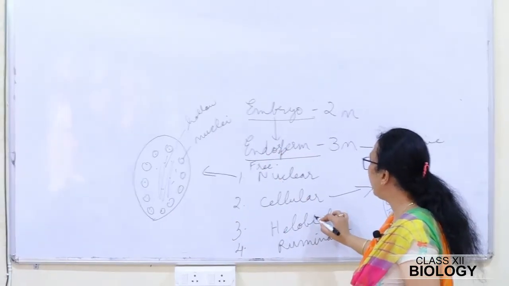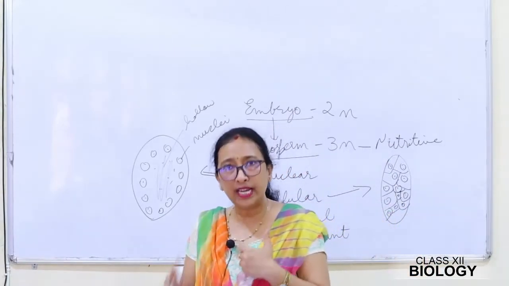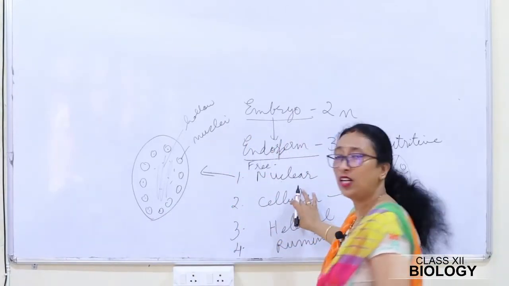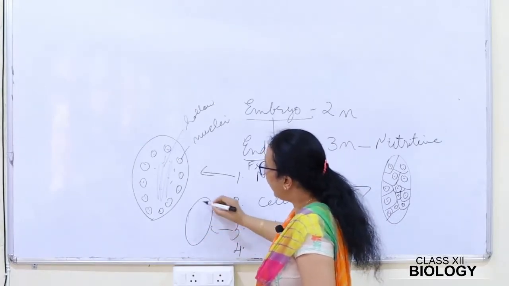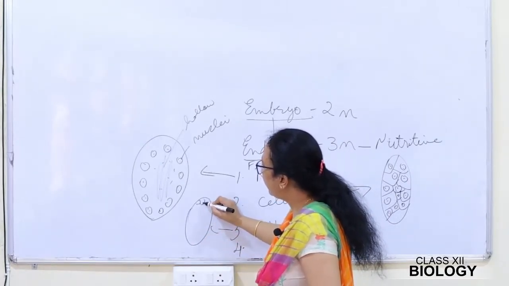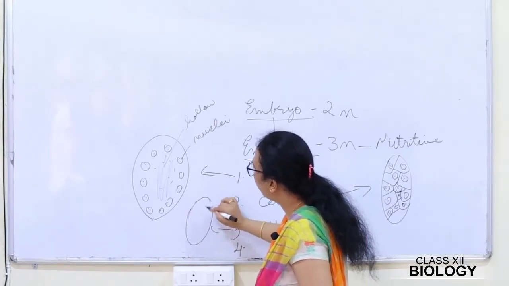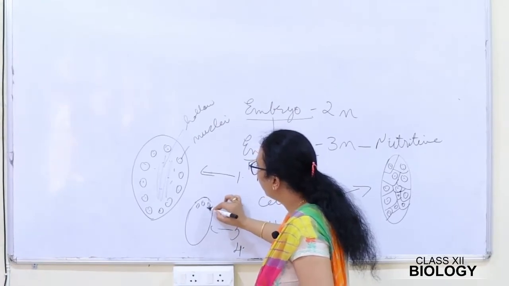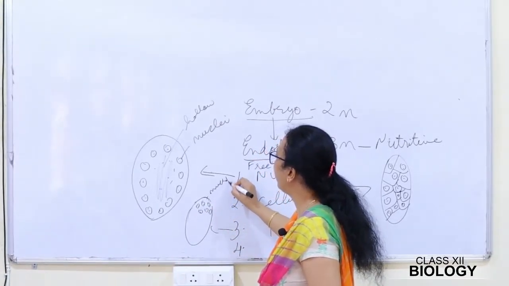Third is the halobial endosperm. Halobial endosperm is a combination of nuclear endosperm as well as cellular endosperm. In halobial endosperm, in the micropylar region, there are some free nuclei formed. Micropylar region, it will be free nuclei.